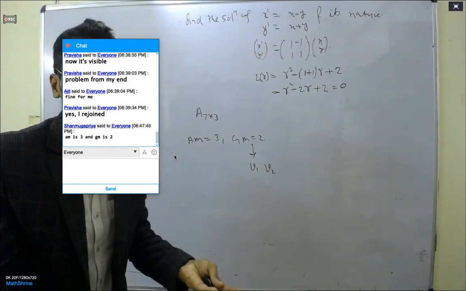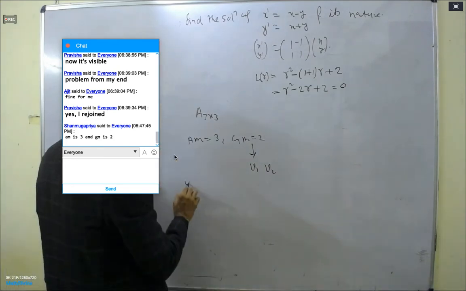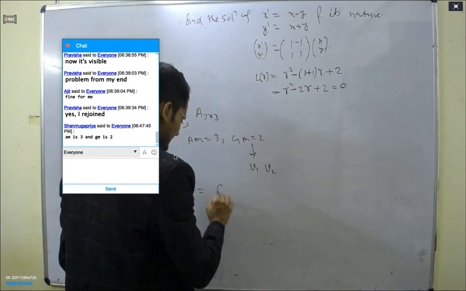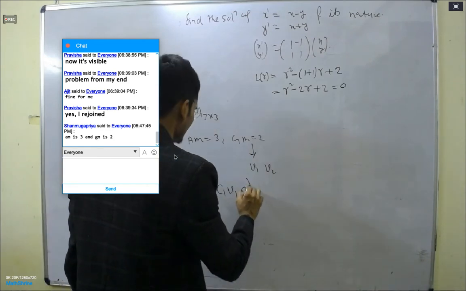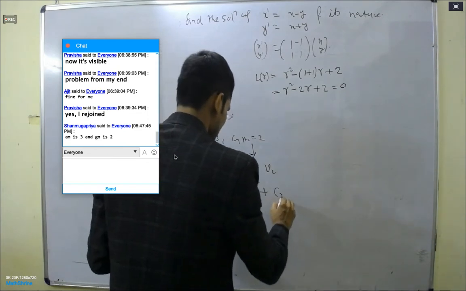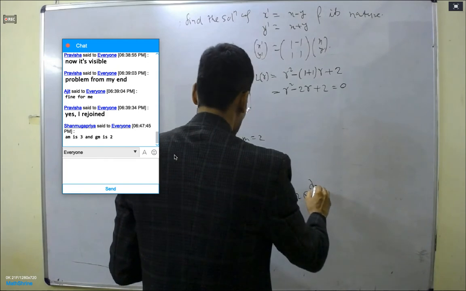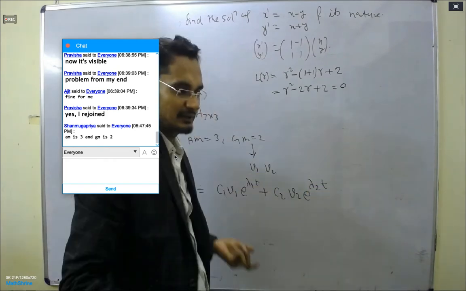So this is for AM 3, GM 2. We had seen AM 3, GM equal to 1 also. If GM is 2, then this will be your answer. So is it all right? Fine? So I think I answered you. Yeah, okay, thank you.